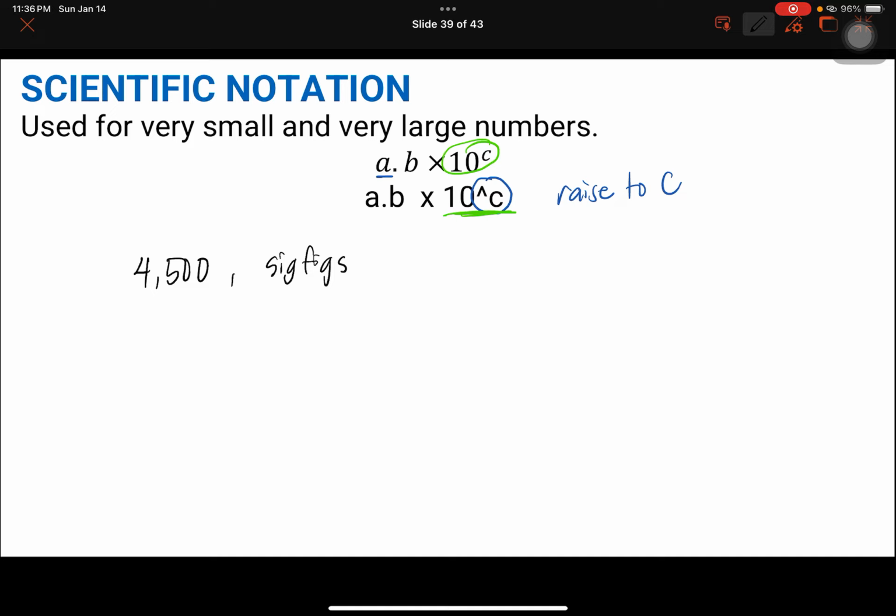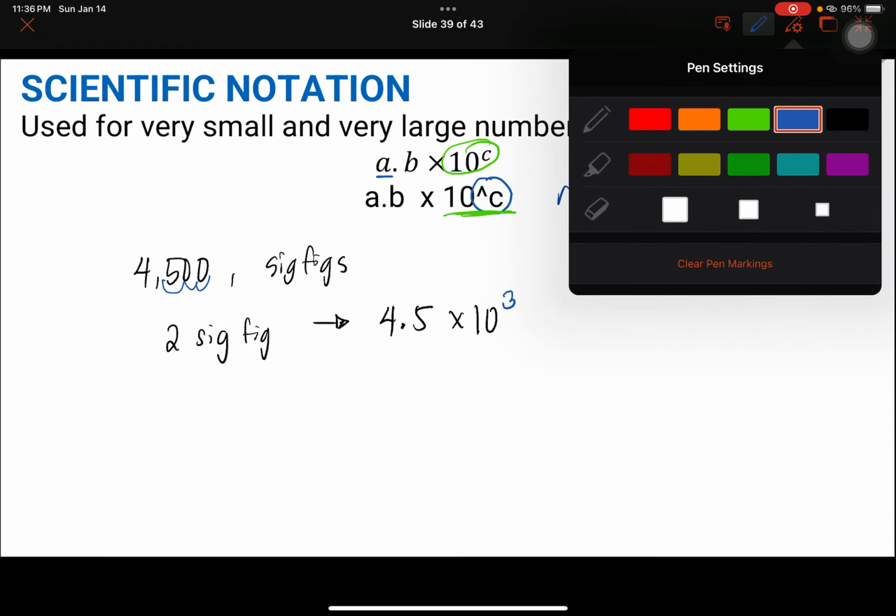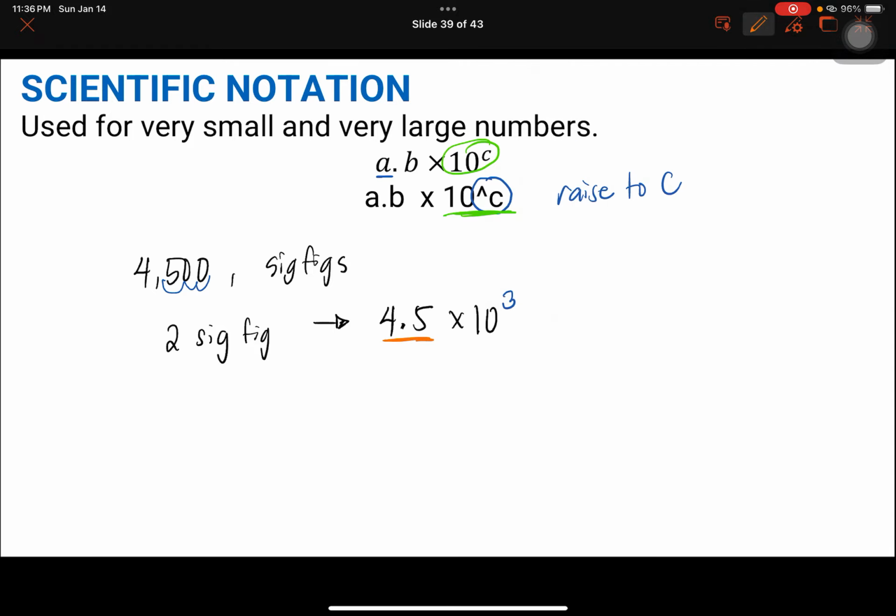So, a-apply pa rin natin yung kung ano yung pinaka-least na value ng sig fig pag nagmumultiply, yun ang mag-govern. Okay? Pero for this example, we will just try to write. If we have 2 sig figs, paano natin i-write yan? So, magiging 4.5 times 10 raised to, so, ilan kaya yung na-move? So, 1, 2, 3. So, times 3. So, in this part, we have 2 significant figures.